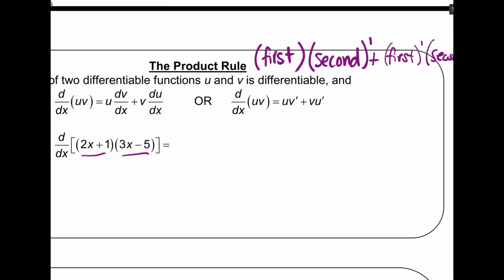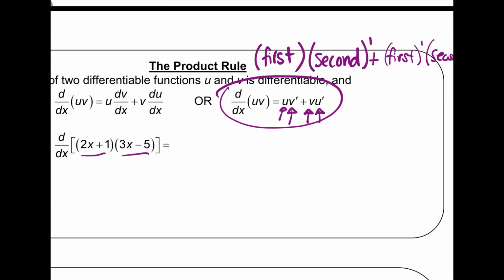I'm multiplying 2 functions together. How do you actually deal with this? Well, you take the first function, multiply it by the derivative of the second. Then you add the derivative of the first function, multiplied by the second. That's what this right here is saying. You take your first function, multiply by the derivative of the second. Then you add the second function times the derivative of the first.